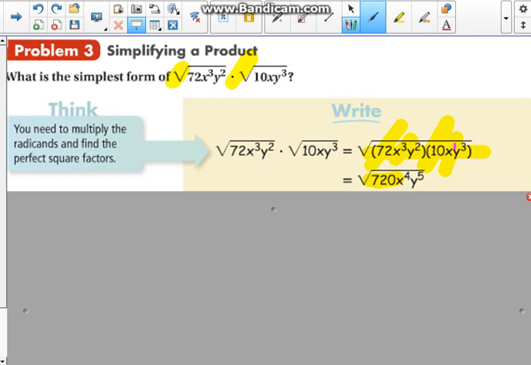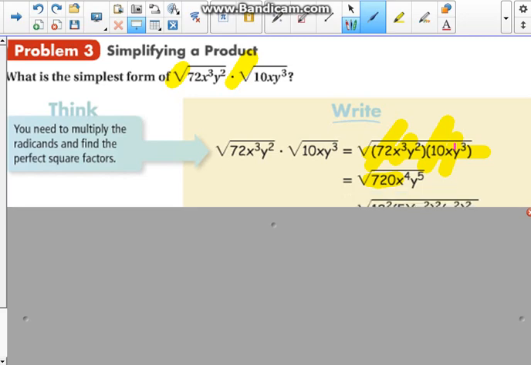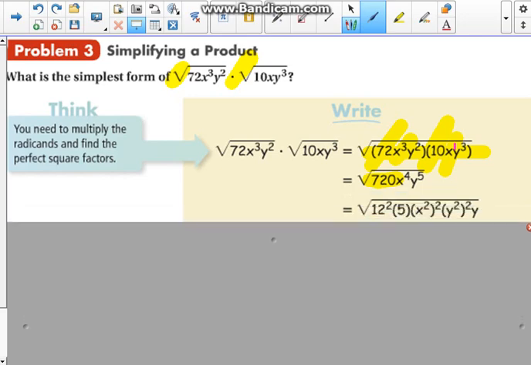So it becomes y to the 5th. So now that we've combined these, now we've got to pull it apart with a perfect square factor of 720. And we know that 144 is a factor of 720. And 12 squared is 144. So we can rewrite 720 as a product of 12 squared times 5.